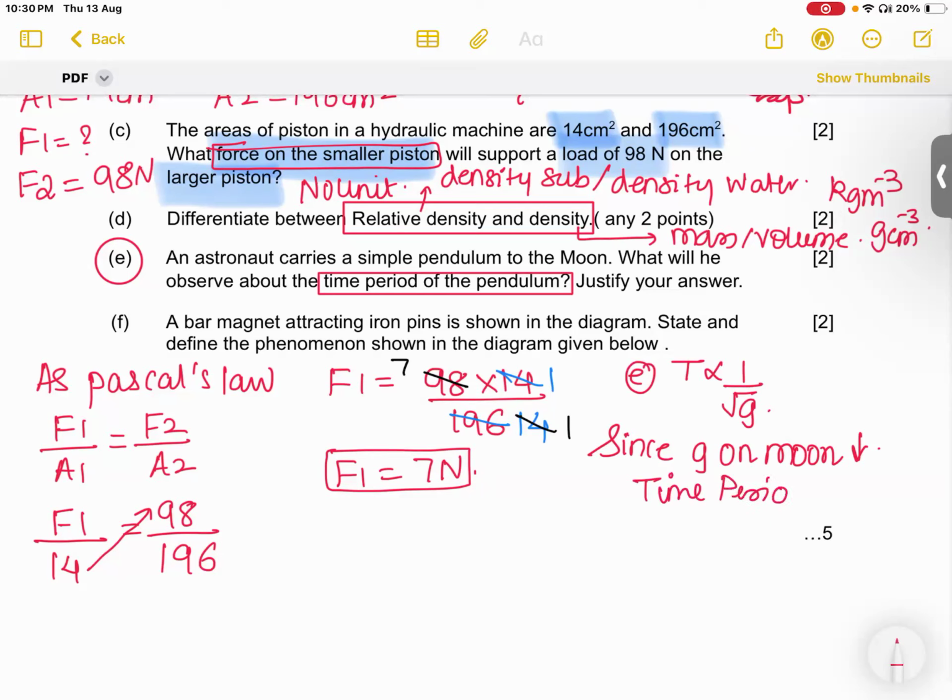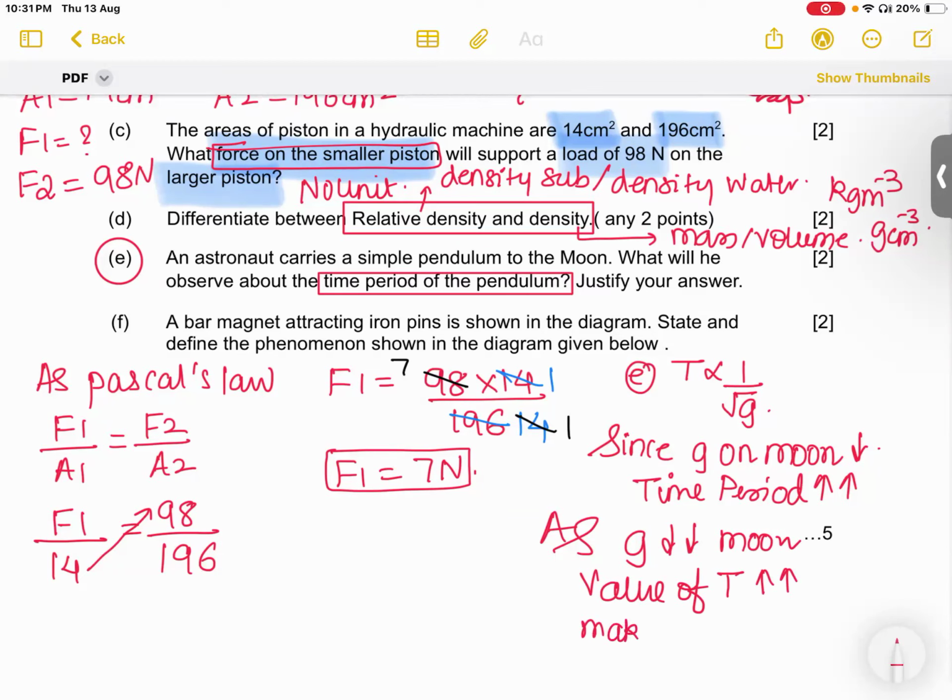So we write: g decreases on the moon, the value of T will increase, making the pendulum go slow. Okay, fine. Next part.